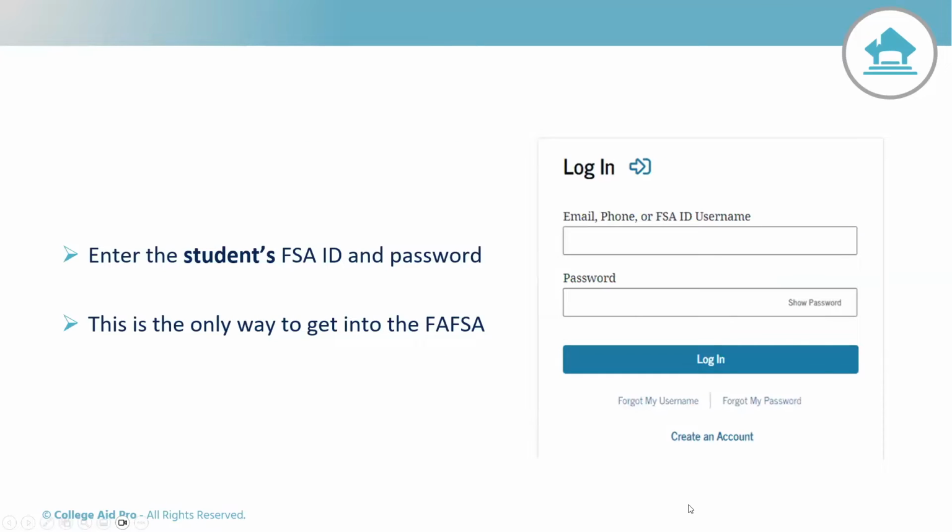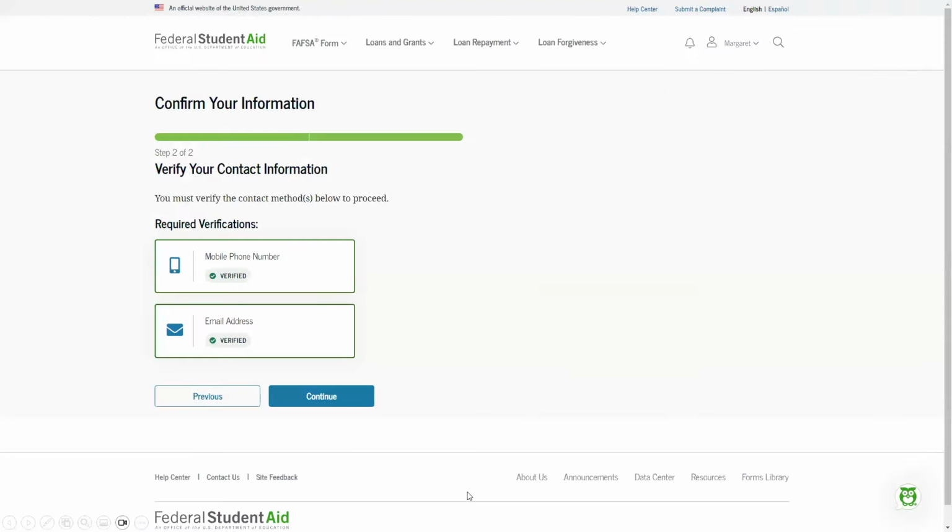When you hit that, you are going to want to log into the student's FAFSA, your child's FAFSA. You have your child there and you're there with their FSA ID and password. We are recommending this as best practice. Start with your student's FAFSA. So use their FSA ID and password, put it in to log in, and then it's going to authenticate you.